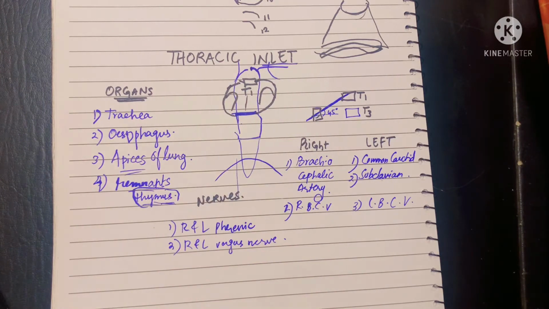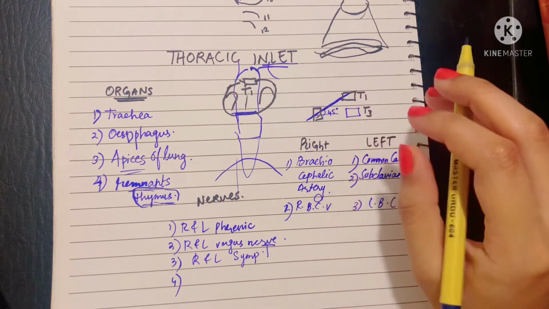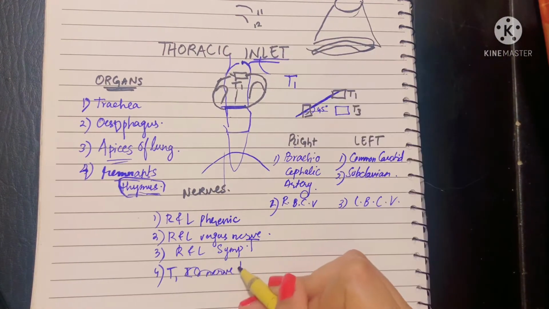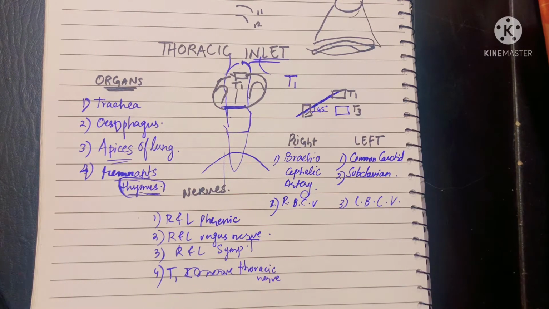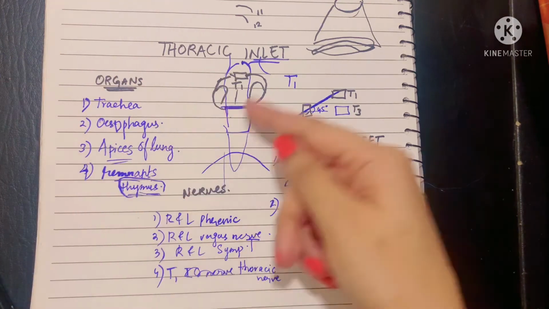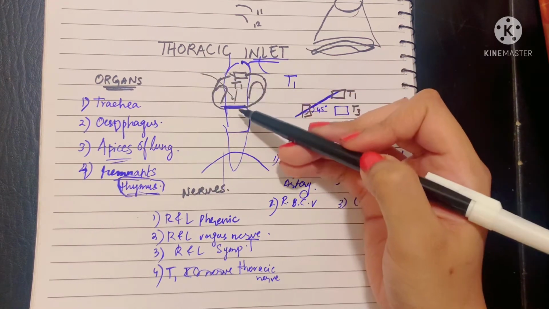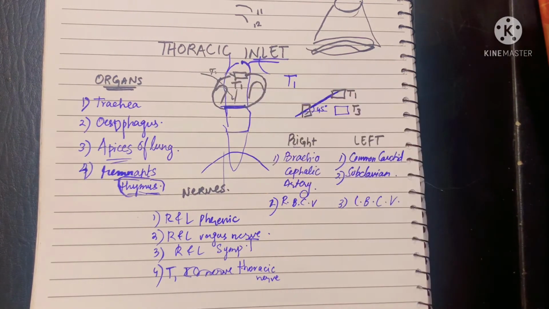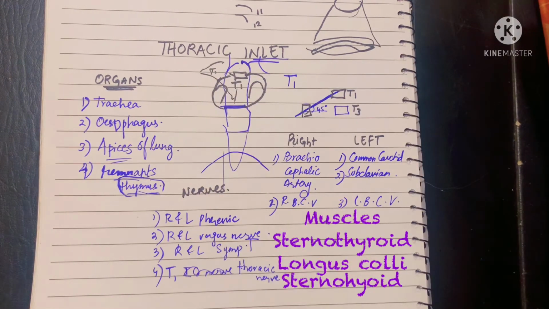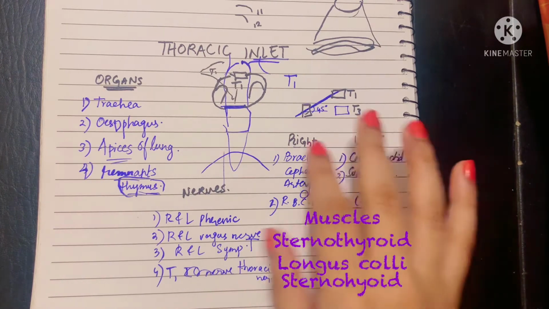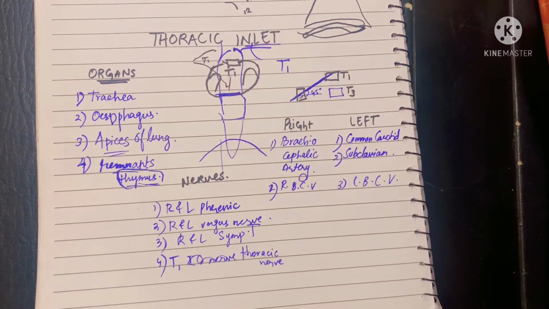Finally, the most important nerve that we studied in our upper limb is the T1 thoracic nerve. Now, what was T1 involved in? It passes outside of the aperture as it has to go and join the brachial plexus above. So these are the important nerves and structures, along with the vessels and organs, that pass through the thoracic inlet.